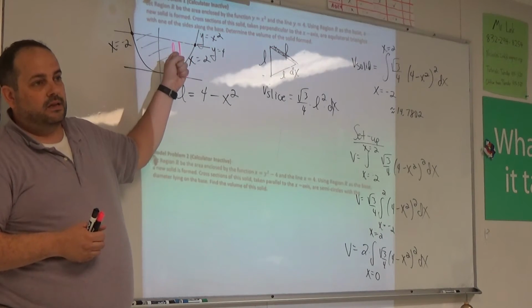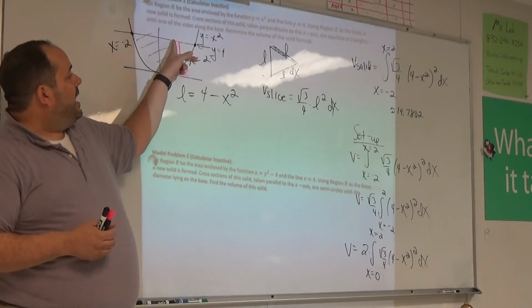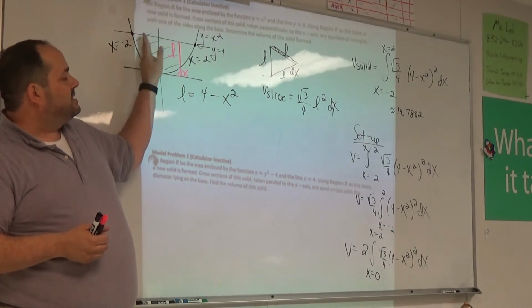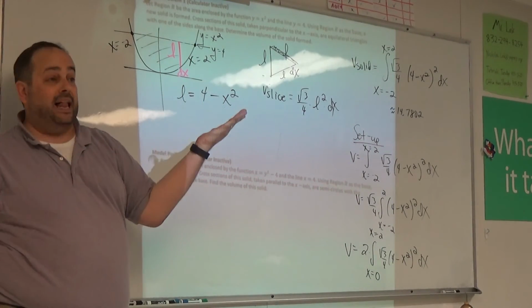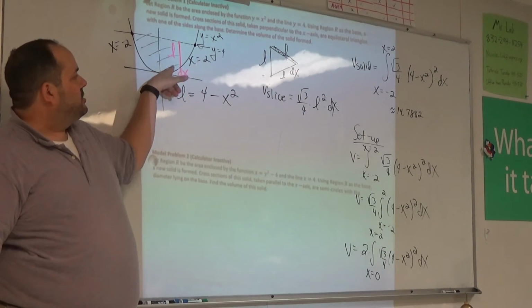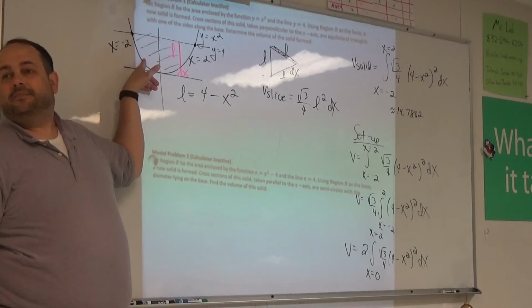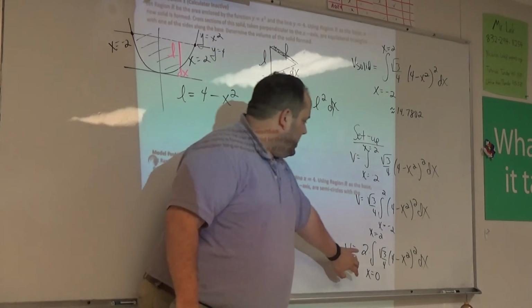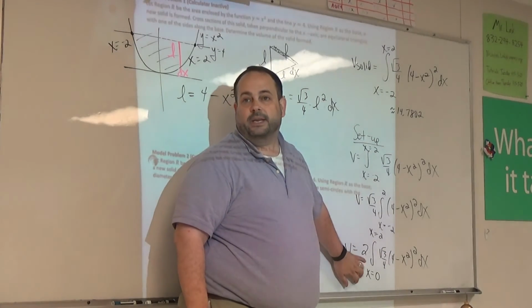David, what's the key? It's an even function? Okay, y equals 4 would be even, y equals x squared is even, but the base is symmetric, right? It's balanced across the y-axis. So whatever volume I'm getting to the right of the y-axis has to be exactly equal to the volume I'm getting to the left of the y-axis. And so you might use the symmetry idea to make life a little bit easier.